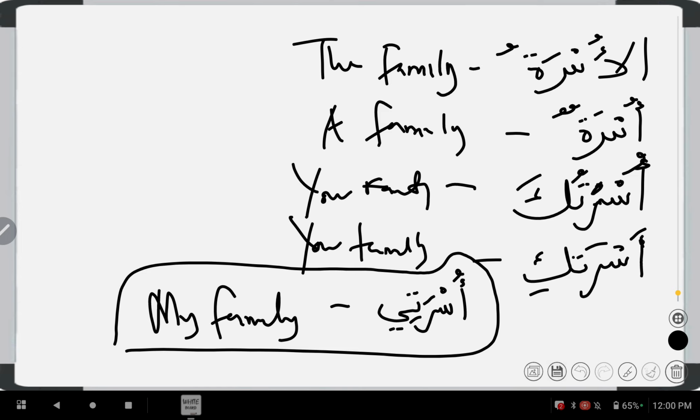Usratuka, your family. Usratuki, your family, for a female second person. And me, I'm talking about myself. I could be a male, I could be a female. I say usrati, my family. Kitabi, my book. Rabbi, my Lord. Rabbuka, your Lord. Rabbuki, your Lord, for a female.